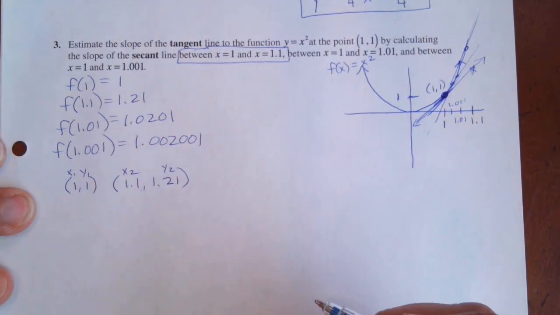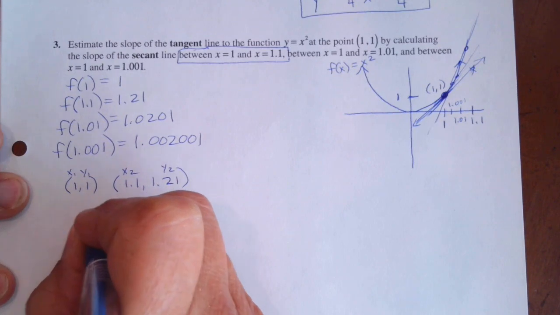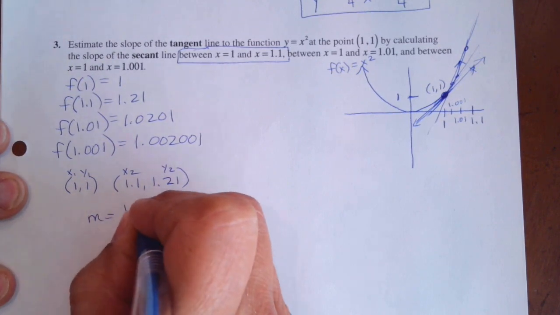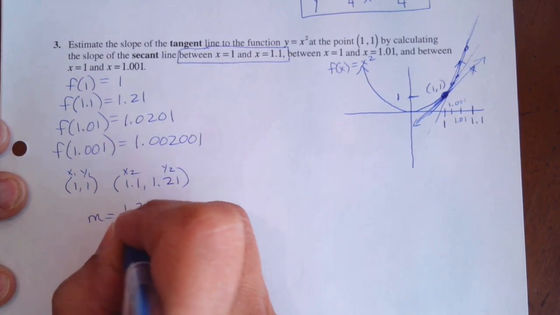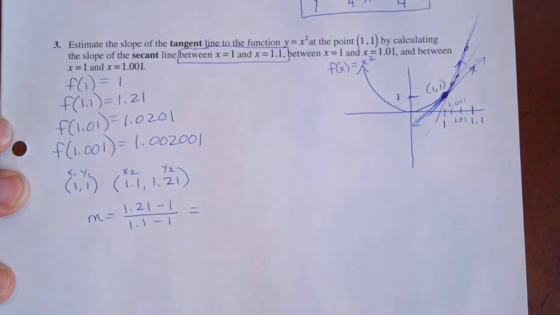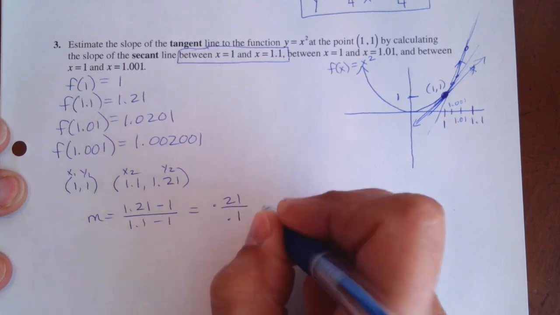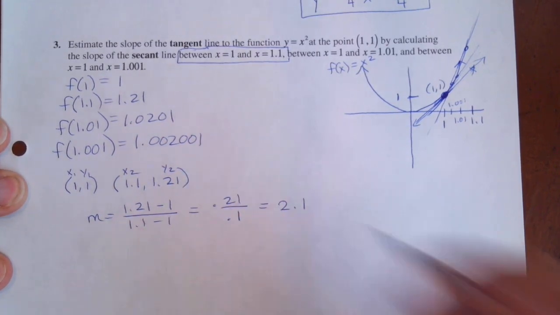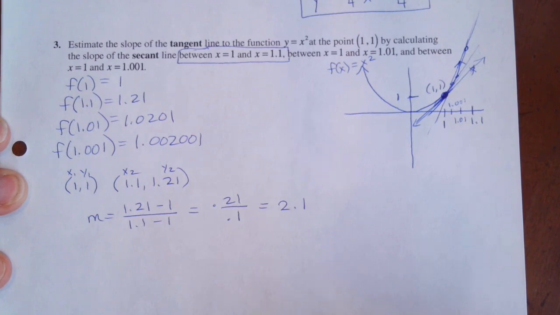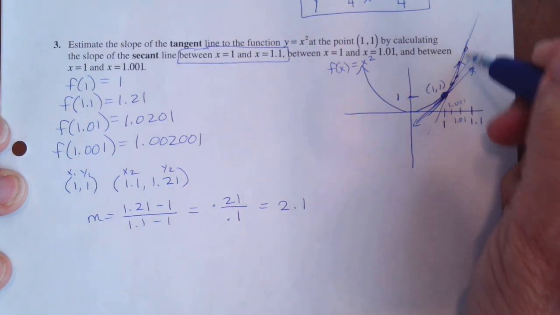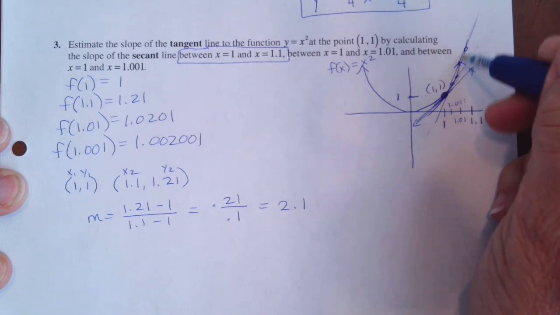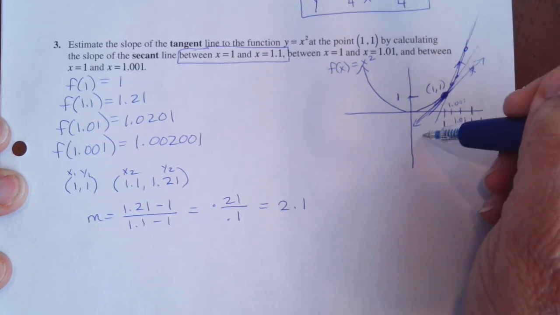I'm going to do 1.21 minus 1 over 1.1 minus 1. I'm just doing my slope formula. That gives me 0.21 over 0.1, which gives me 2.1. So there's the slope of that first secant line. That was the slope of the points farthest apart, so that's the steepest slope right there.